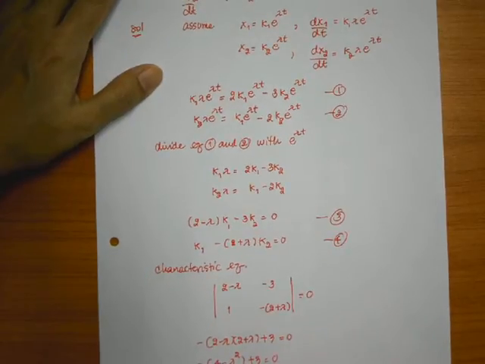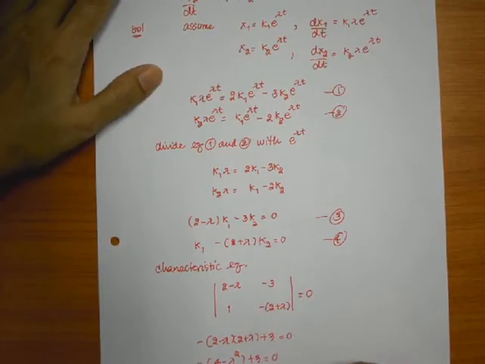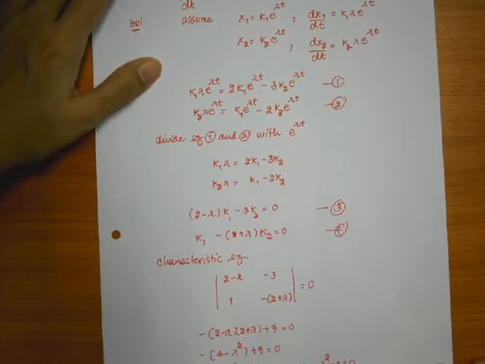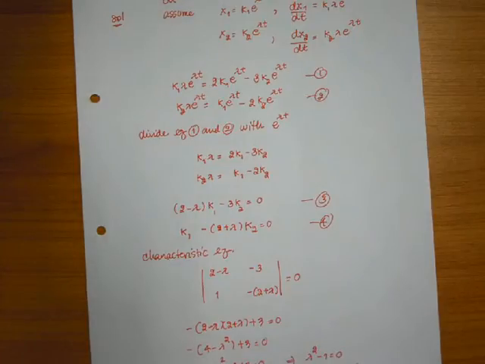We got lambda square minus 4 plus 3 equal to 0, or lambda square minus 1 equal to 0. We got two values of lambda, which is plus 1 and minus 1, which is the unrepeated real root.